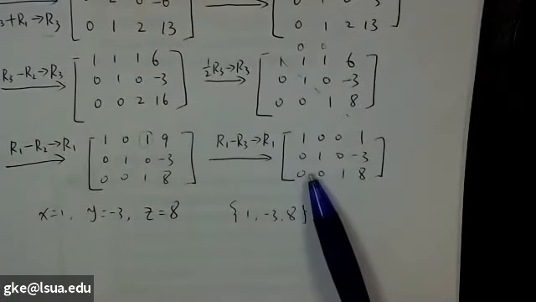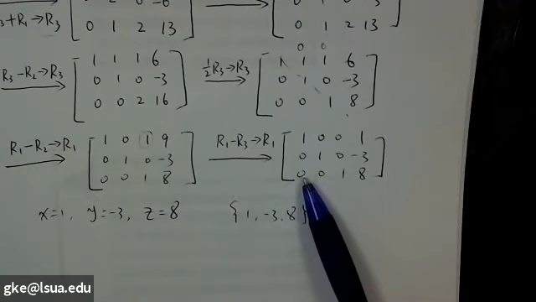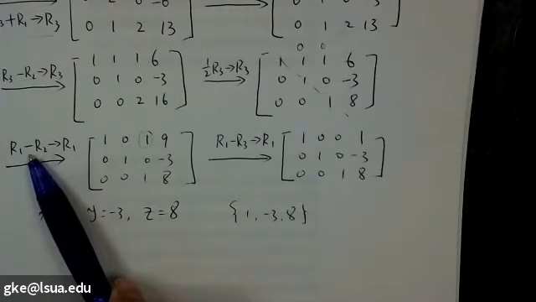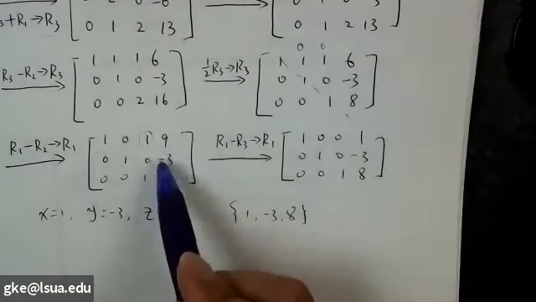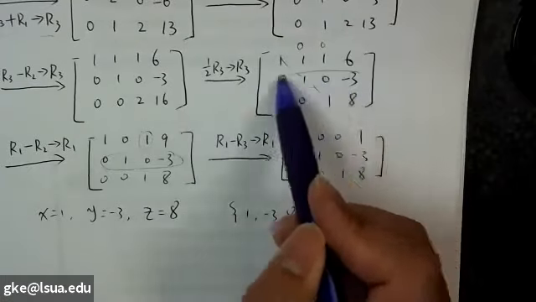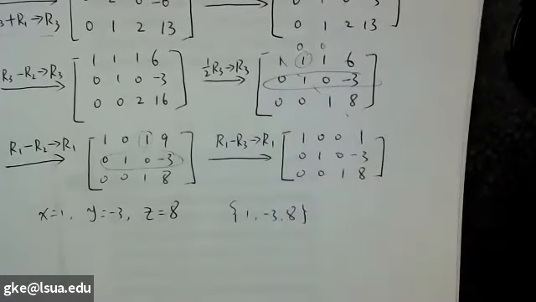This one? For both of them, for the second method. At the first time, I did R2 minus R1 to get a new R1. R1 minus R2. You need to use this equation to eliminate, or use this equation to eliminate this guy.